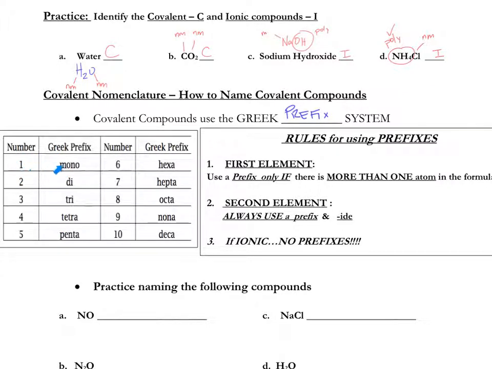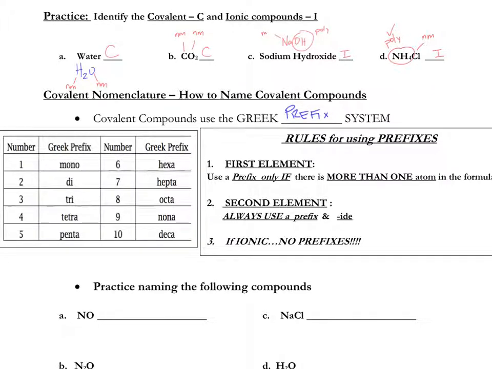So the number 1 has a prefix mono. Di is a prefix for 2. Tri is a prefix for 3, like a triangle. It's a shape with 3 angles. Tetra is 4. Penta has 5. The pentagon has 5 sides. Hexa, 6. Hepta, octa, nona, and deca.